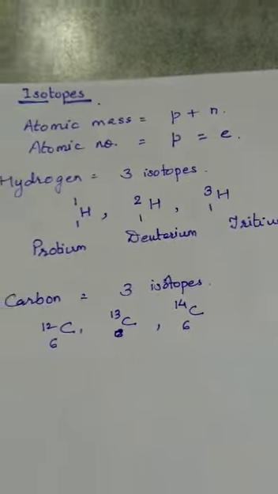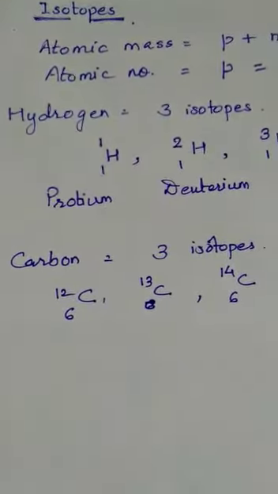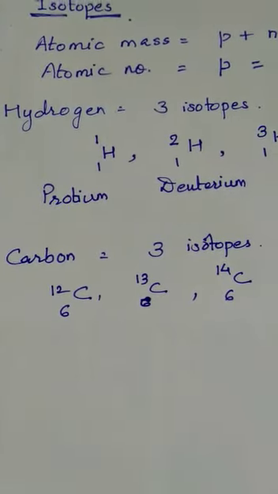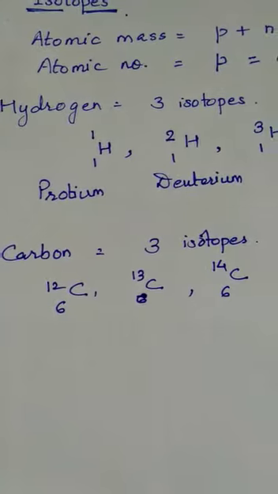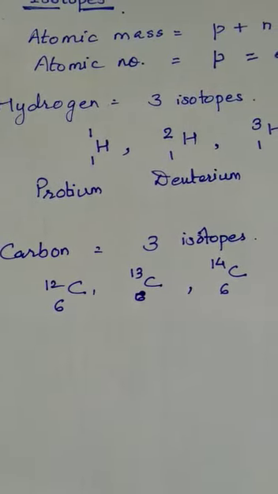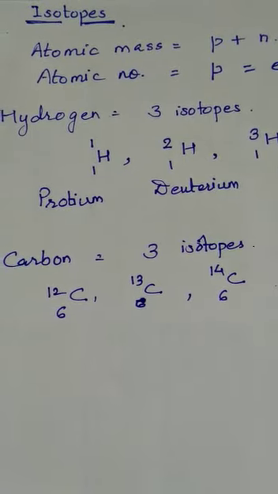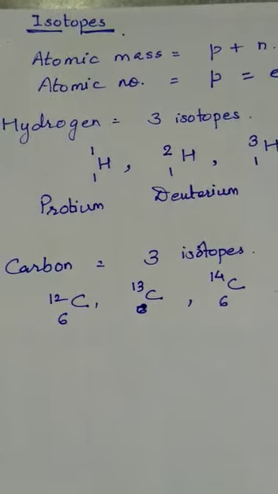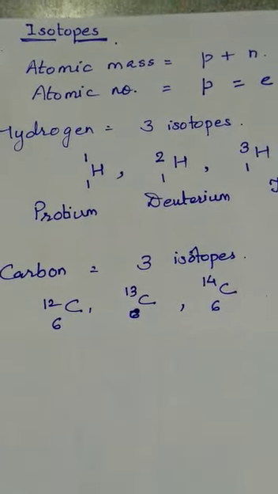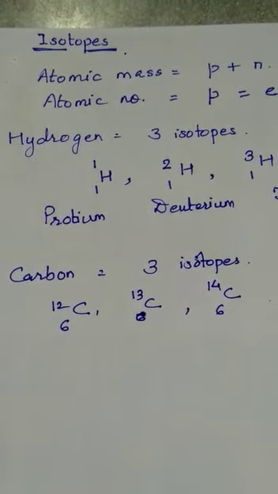Similarly, we can take the example of carbon. Carbon also shows 3 kinds of atoms present in natural carbon. We know that the atomic number of carbon is 6. So all these different isotopes of carbon will have atomic number 6. That means all of these will have 6 protons inside the nucleus, so the electrons also will be 6.